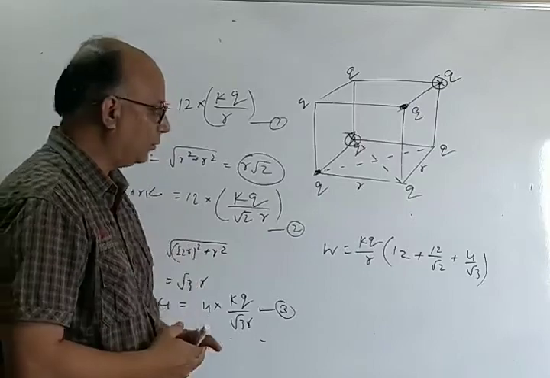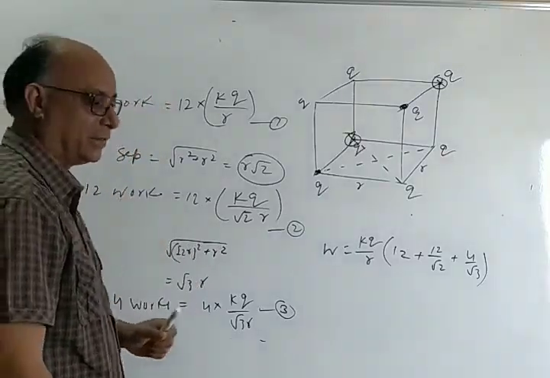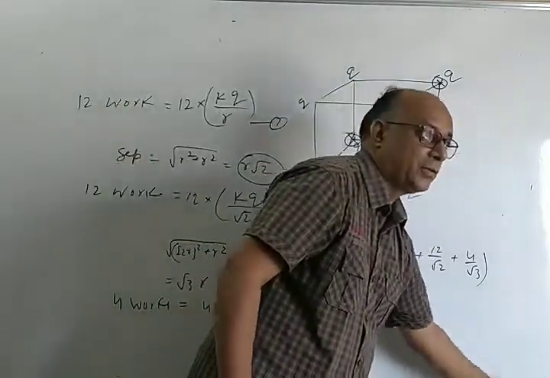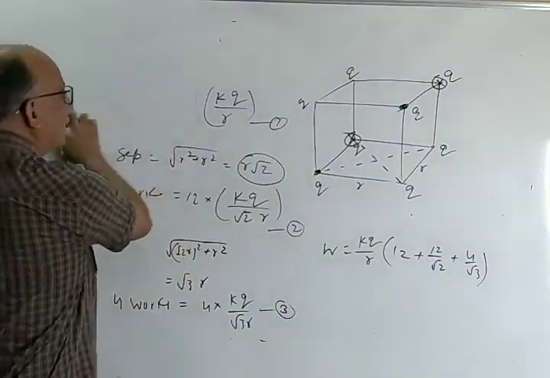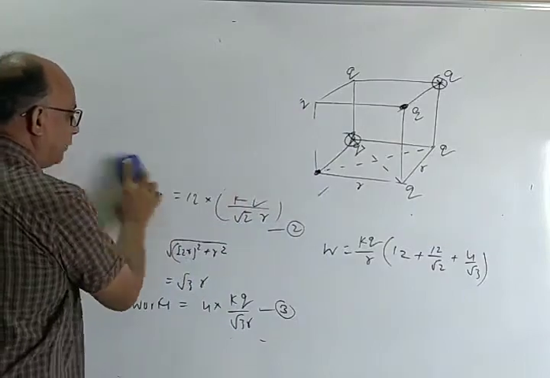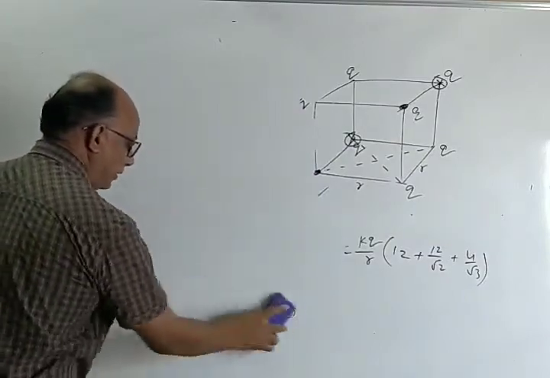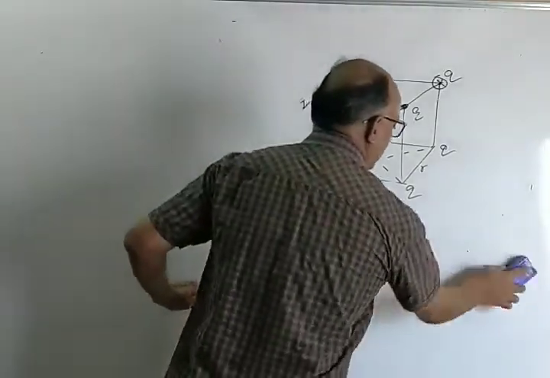Correct? Now, this was a very interesting example. It's very important from your examination point of view. Let us come to the next topic. Let us calculate the work done in rotating a dipole in a uniform electric field.